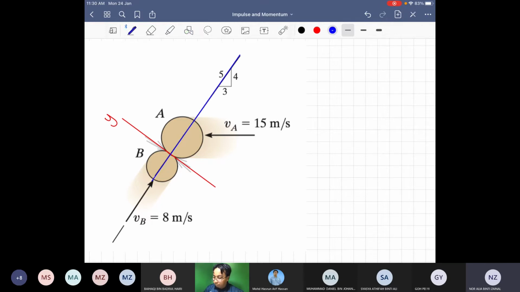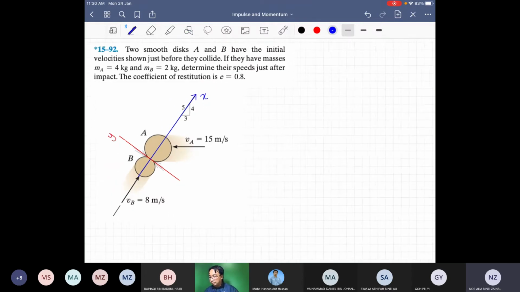This will be the x-axis. Okay, so in this case we have to define our axes according to this situation. The x and y axes are not what we normally use.